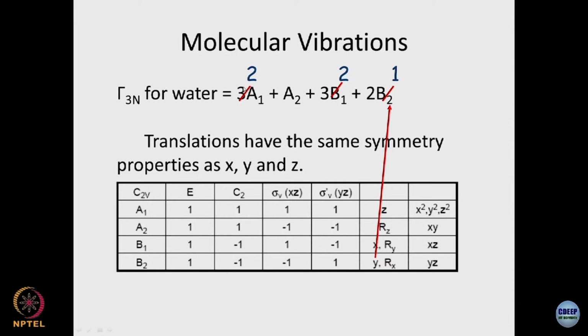Okay. So, essentially it becomes 2A1 plus A2 plus 2B1 plus B2. Is that clear? This is after we have removed the translation in the x, y and z direction.